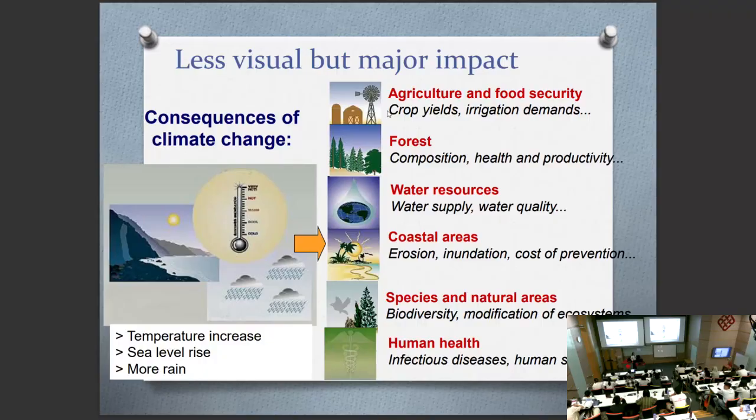Okay, and irrigation demand. So water. So when the air temperature is higher, then water will evaporate. So you have to spend more effort in the irrigation.